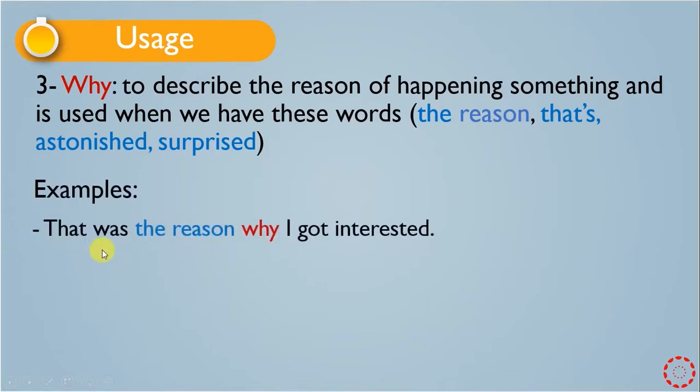The first one: that was the reason why I got interested. We have the words the reason. That's why we use why in this example. I mean, the relative pronoun why is used to describe the reason for something happening.